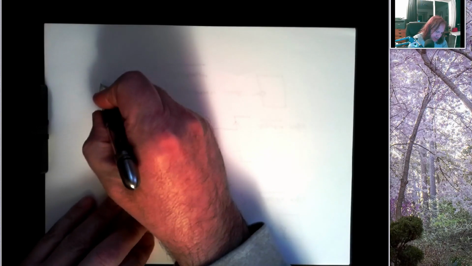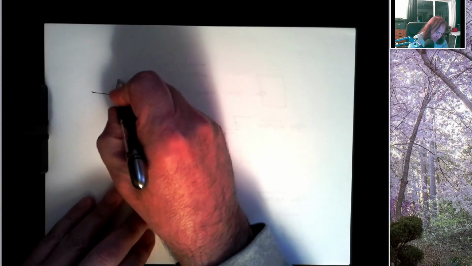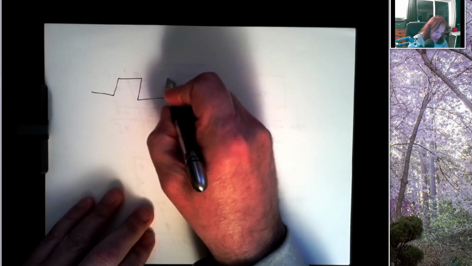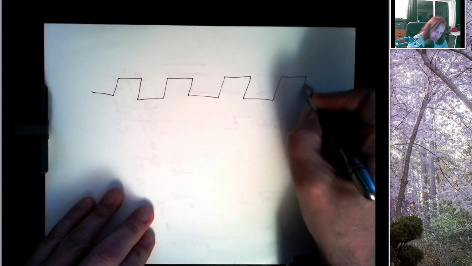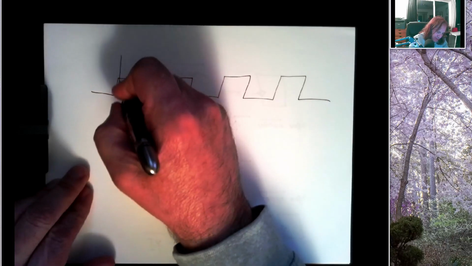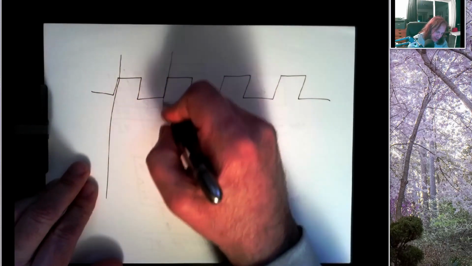These are our physical devices. So let's look at a D flip-flop, and this is going to be positive edge triggered. So things are going to happen on these positive going edges.